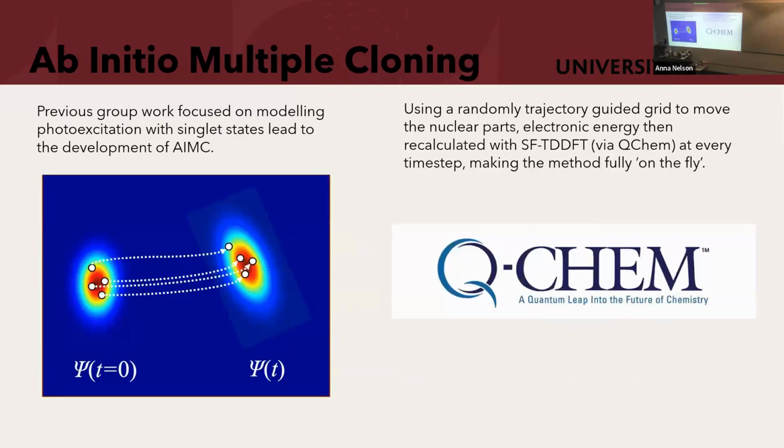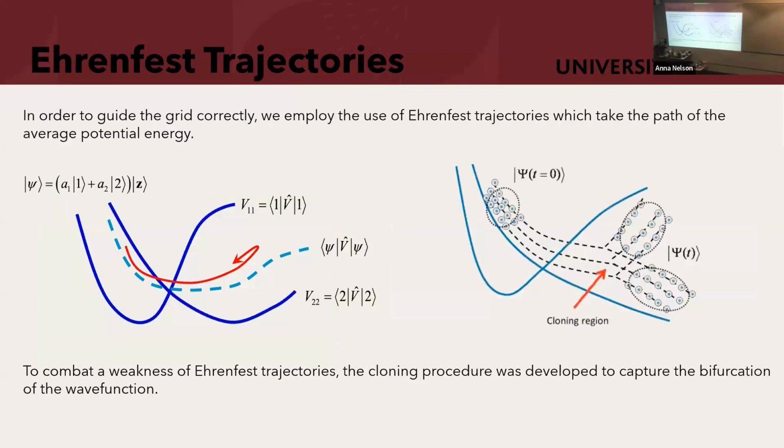Ab initio multiple cloning is a trajectory-based method for solving the Schrödinger equation, and with all trajectory-based methods the key question is, how are you going to actually guide the trajectory? Our answer has always been Ehrenfest trajectories because they're fully quantum, but they're also cheap, so you have the best of both worlds. You're taking the average of the potential energy, weighted by population.